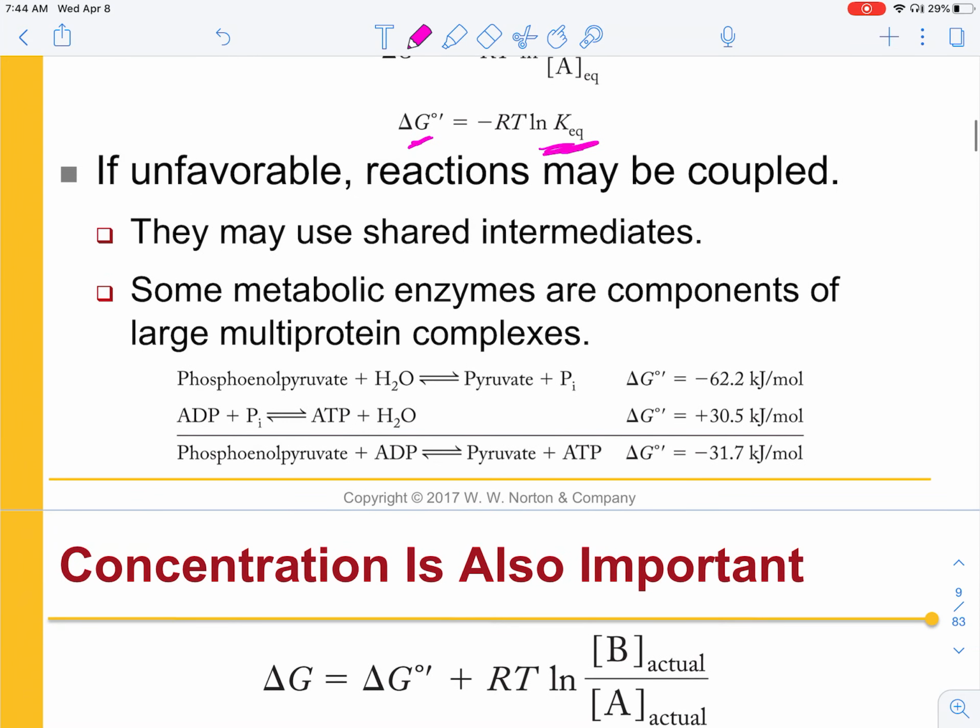The way that we drive endergonic reactions is by coupling them to an exergonic reaction. As long as there is a net negative delta G in coupled reactions, then you're good to go. And so the way we do biosynthetic reactions is to couple them with exergonic reactions.